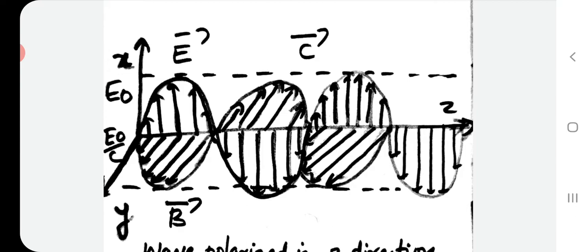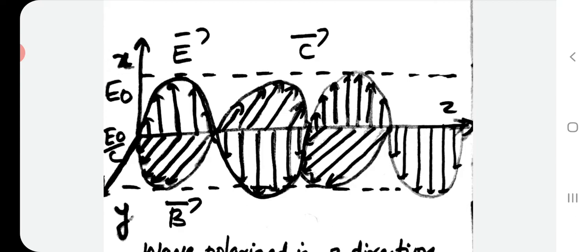The magnetic field varies in the y direction, and its amplitude is given by E0 by c. So the electric field amplitude is E0, the magnetic field amplitude is E0 by c, advancing in the z direction. The velocity is c, as shown there.